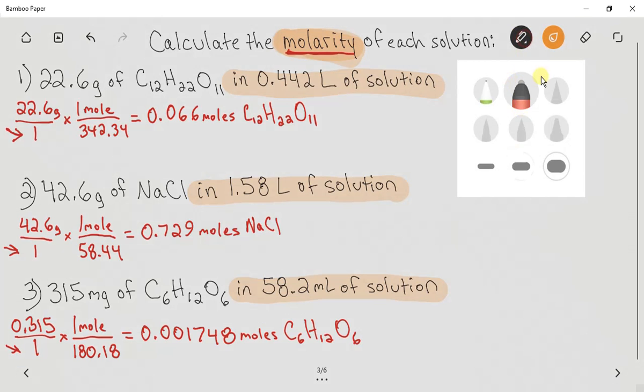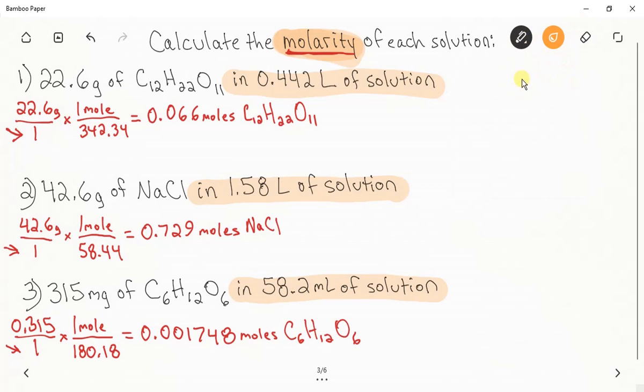And the molarity is just the amount of moles in the solution out of 1 liter of solution. So it's the number of moles of the solute. If we're making salt water, the number of moles we're counting would be the salt, not the water that we're putting into the solution.